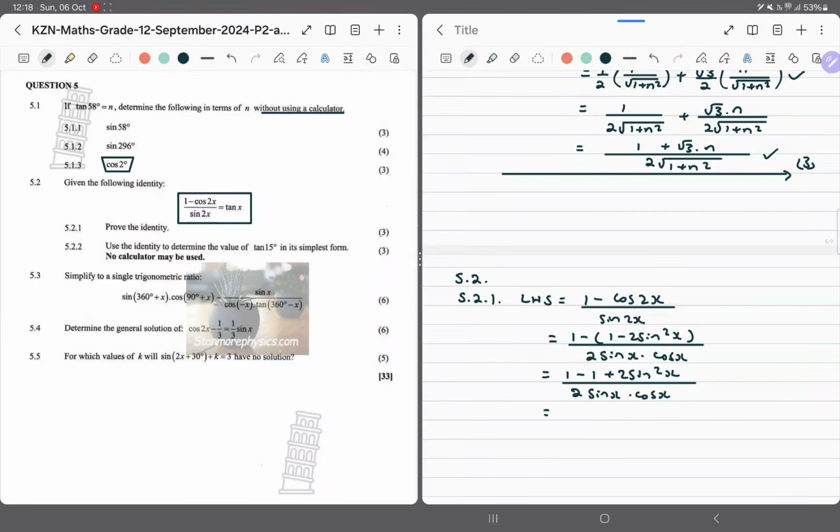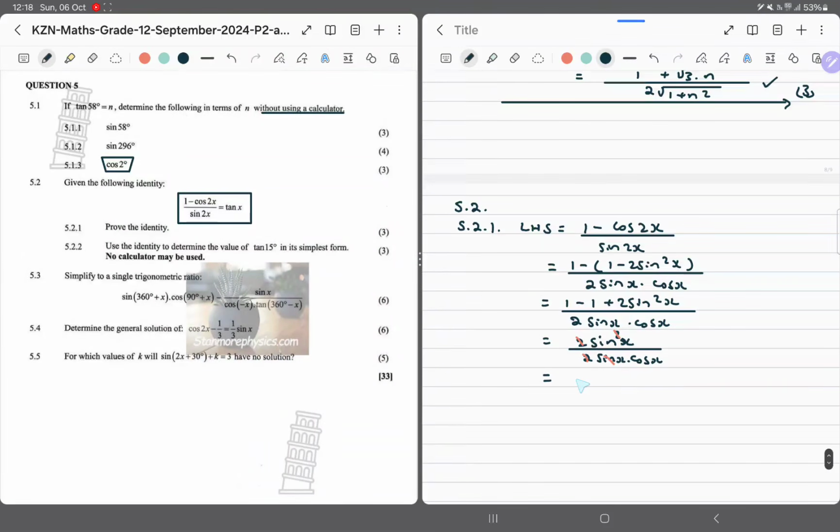So the ones cancel out, so we end up with 2 sine squared x over 2 sine x cos x. And now the 2's divide out. That one takes the square. So be systematic using your three-step approach, guys. But I cannot explain it all the time unless I really am a time waster myself.